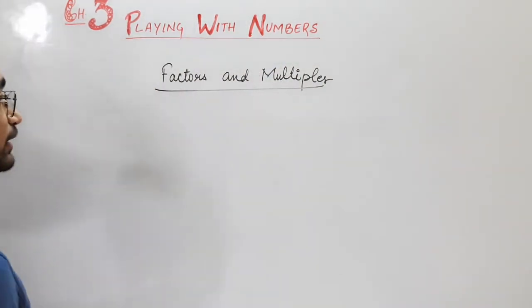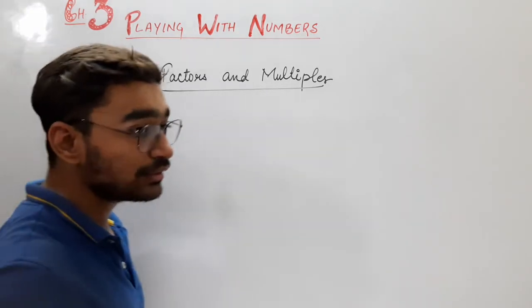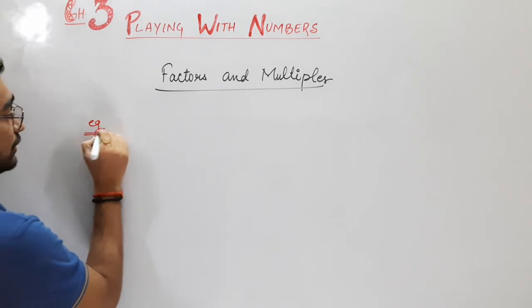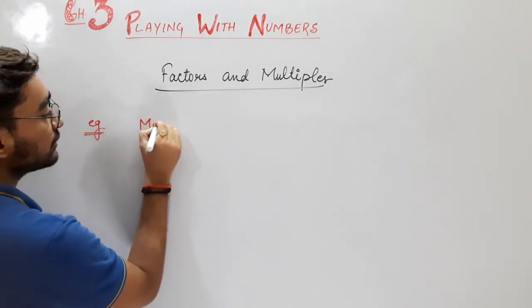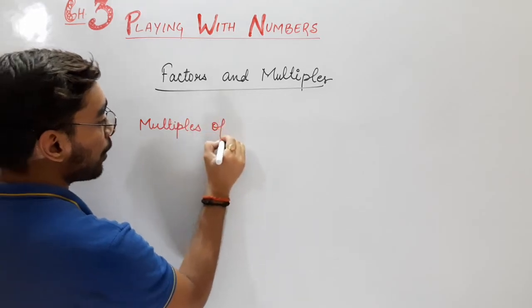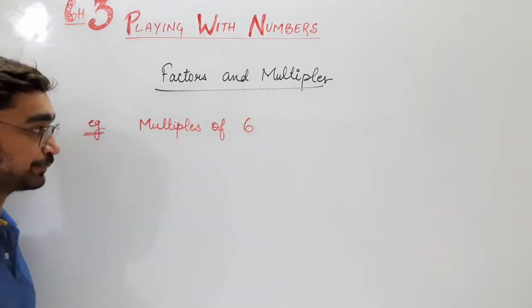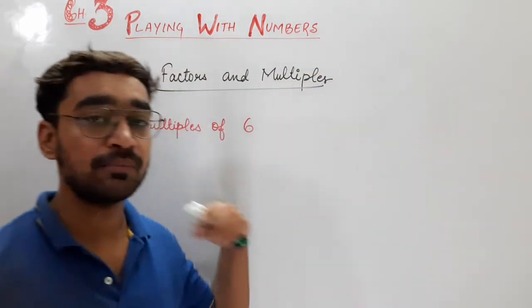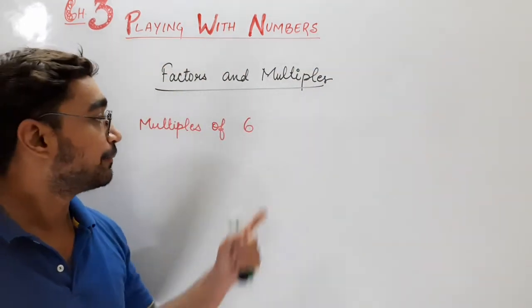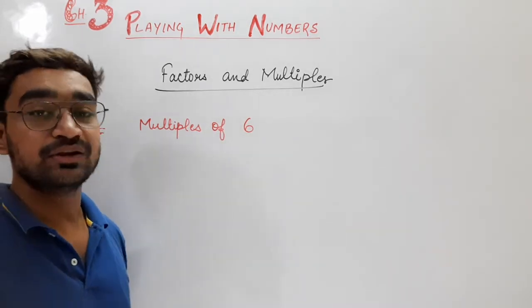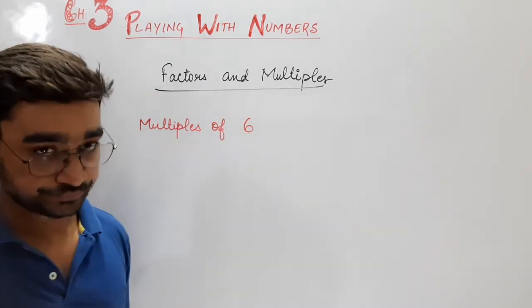Now let's come to our next topic, that is multiples. So what are the multiples? Let us take one example first. If I'm asking you, what are the multiples of 6? Multiples is what? Multiplying this number by other numbers, or I can say in an easier way that you can write the table of 6.